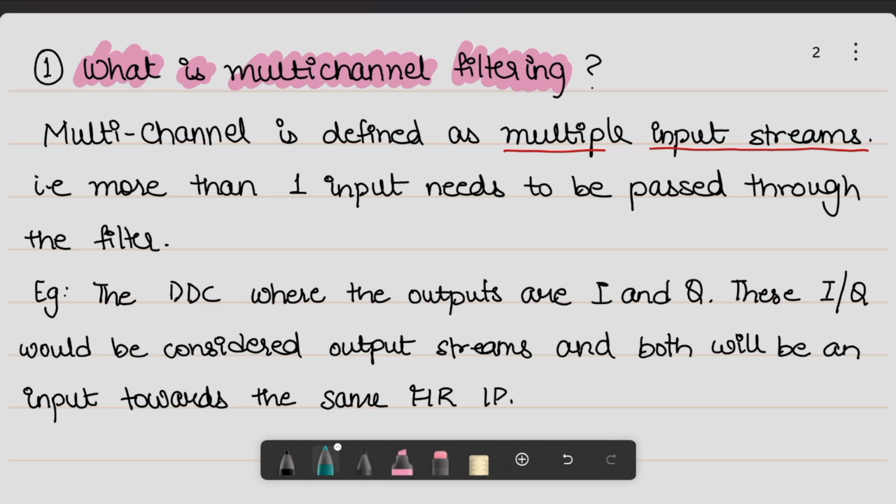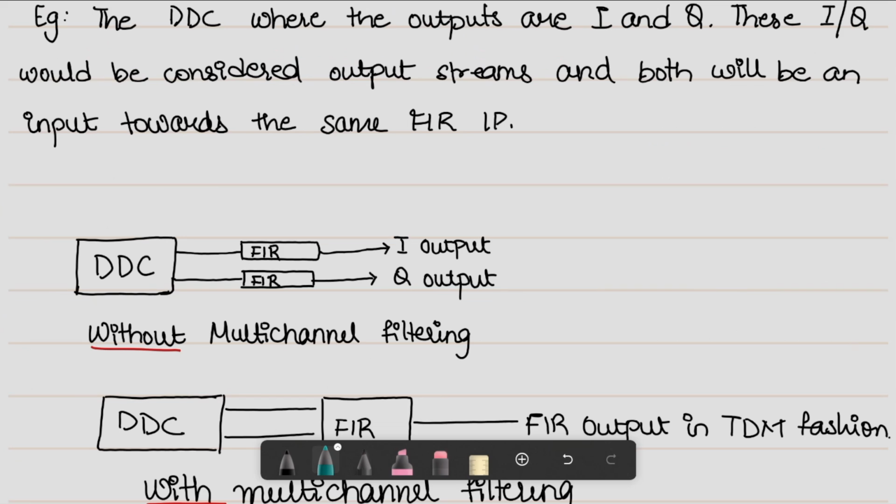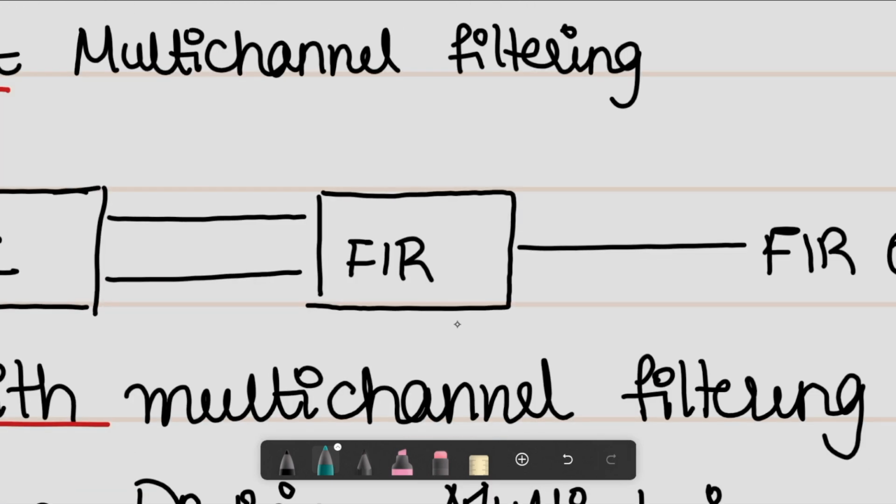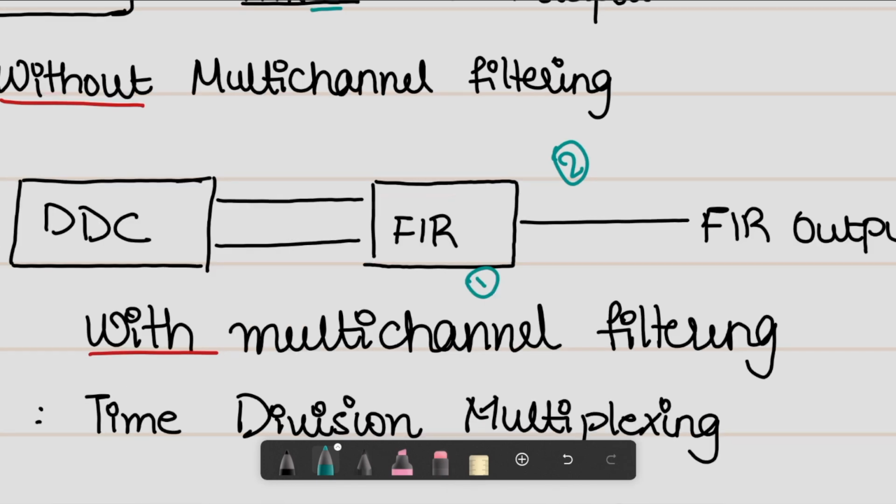These I and Q are considered as output streams from the DDC but will be an input stream to the FIR IP. But instead of using two different FIR IPs, we will use only one FIR IP to do filtering for two different input streams.